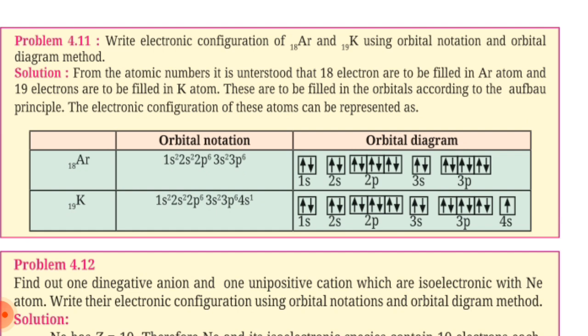These are filled in the orbitals according to the Aufbau principle. Argon orbital notation: 1s2 2s2 2p6 3s2 3p6. Then 19 K is 1s2 2s2 2p6 3s2 3p6 4s1.